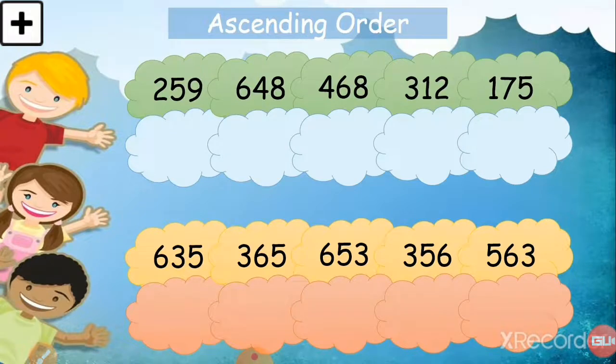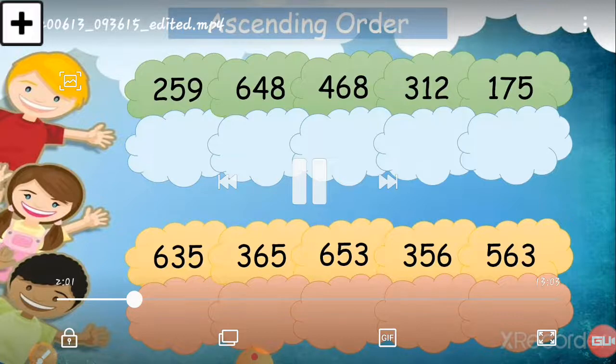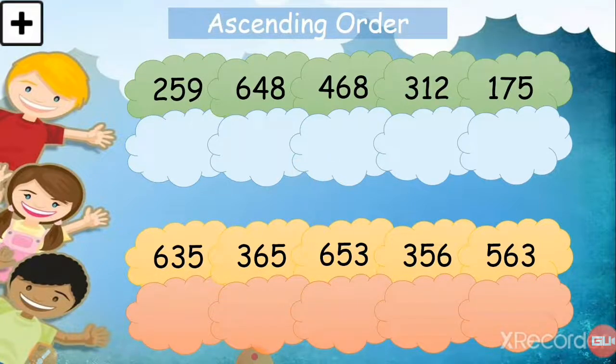Next one, 563. So this is your work, you have to note this down in your book. This is very easy, students. You are able to see the numbers here.